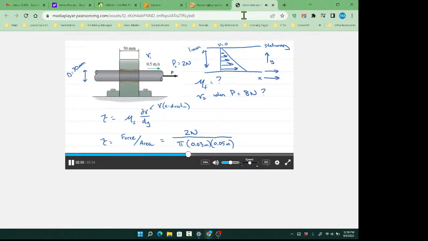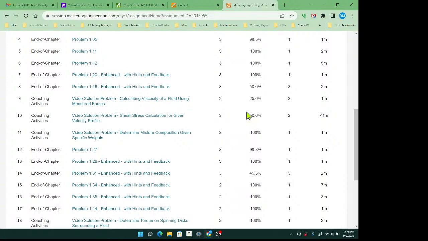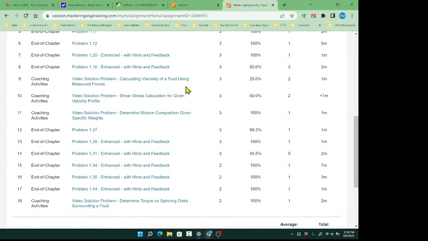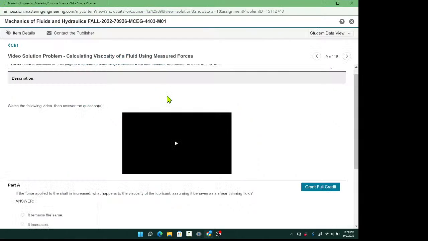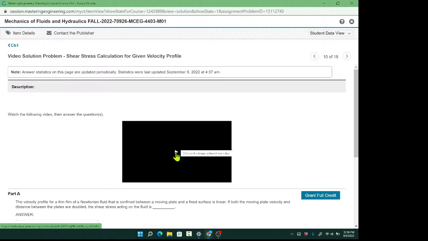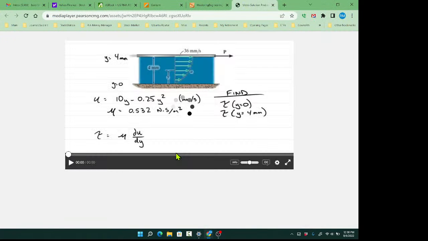So we can set the shear stress equal to the viscosity times the velocity gradient. Well, I think it's, let's see, is that the same one? It's hard to say because, uh-oh. Hopefully, oh, what happened here? Okay, this one's a little bit different.